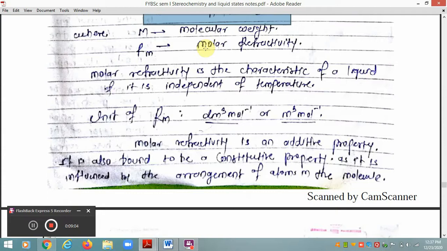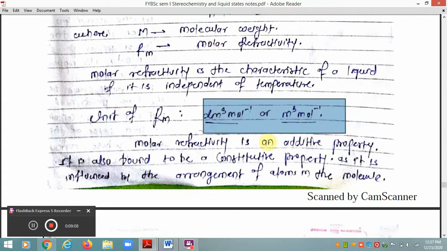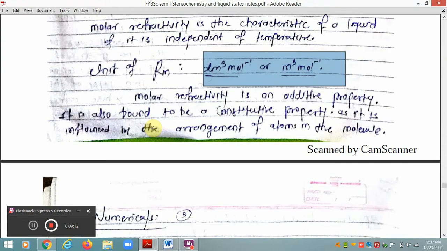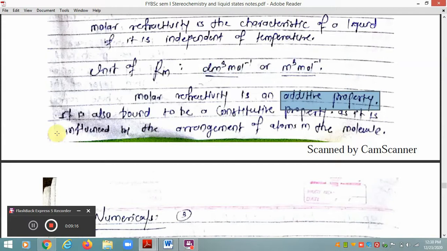The unit of molar refractivity is decimeter cube per mole or meter cube per mole. Molar refractivity is an additive property, and it is also found to be a constitutive property, as it is influenced by the arrangement of atoms in the molecule.